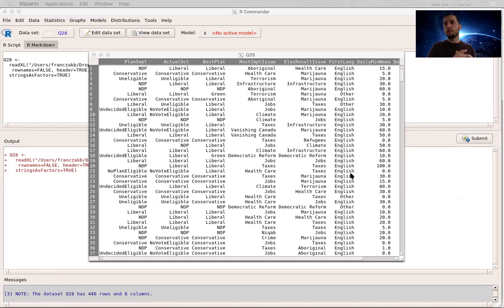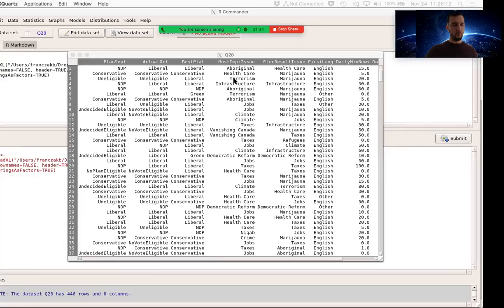Okay, how many liberal votes did we get? How many conservative votes did we get? How many NDP votes did we get? How many green votes did we get? And then what we're going to do is we're going to total those, and we're going to use them to determine if the way that our sample votes lines up with the way that that population voted.